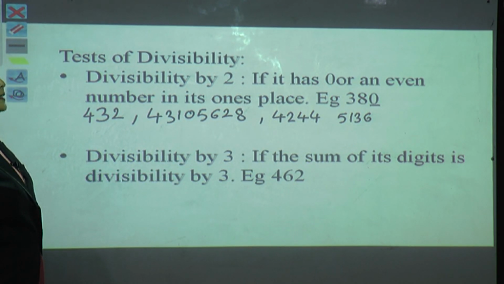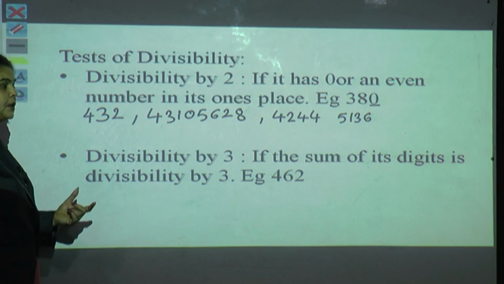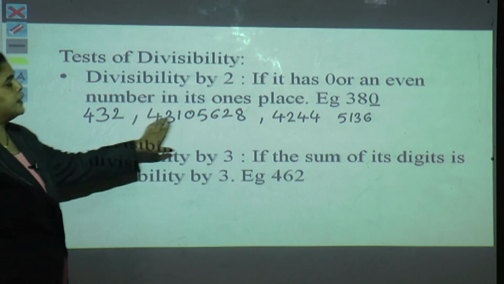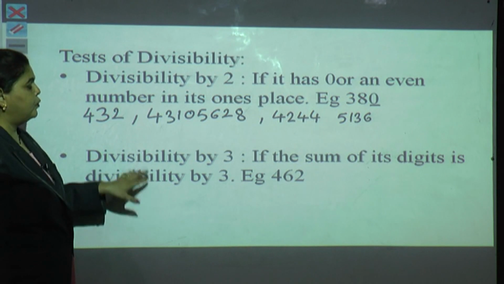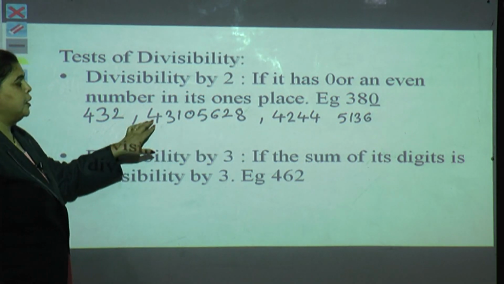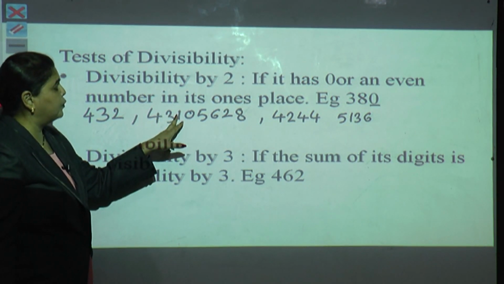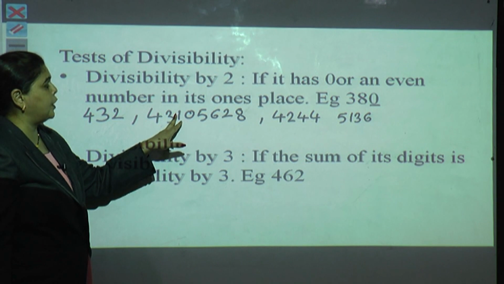Then divisibility by 3. If the sum of its digits is divisible by 3. What does this mean? Sum means addition. I will explain in detail. Suppose we have this number; we have to add 4 plus 3 is 7, 7 plus 1 is 8.